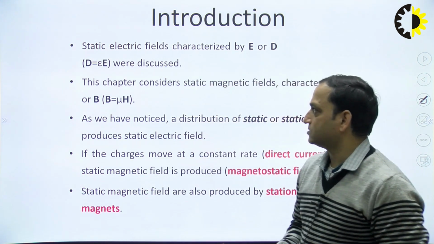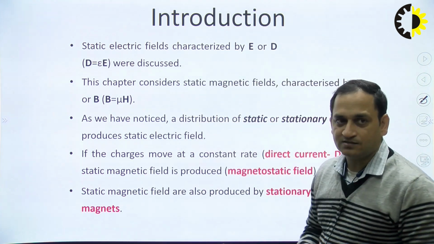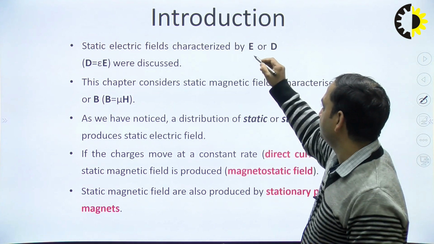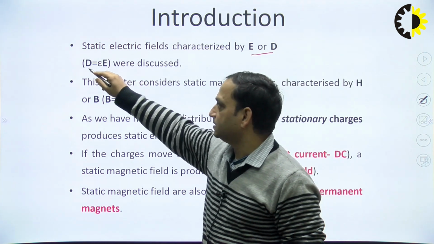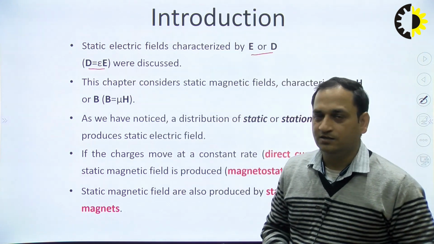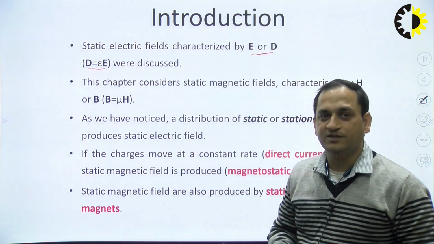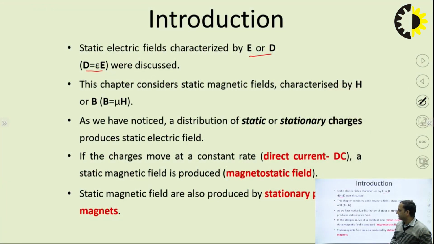In the electrostatic field, we characterize the terms E and D, where the relation is D equals epsilon E, which was discussed in the previous lecture.